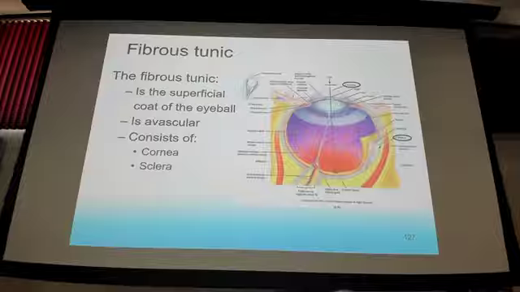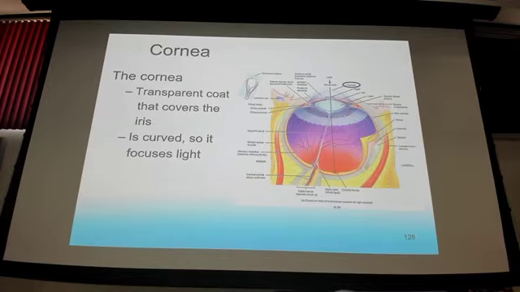And so this is the fibrous tunic, and it consists of the cornea and the sclera. The cornea is this transparent portion on the anterior side. And then the rest of the sclera goes from there all the way around the eye.